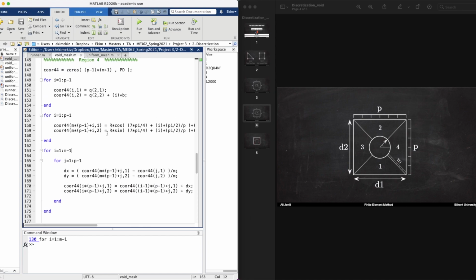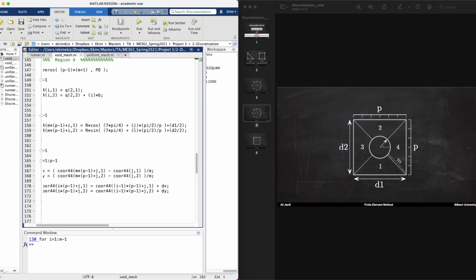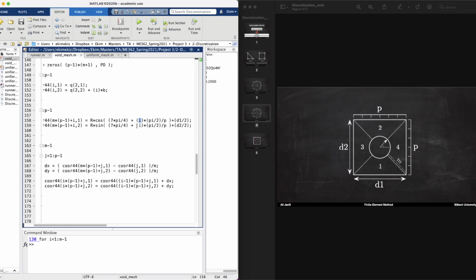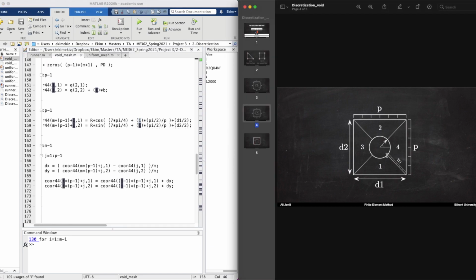And then we move on to the generation of the nodes along this line. So remember, we're going from bottom to top. So we're at here, which is now pi over 4 times 1, 2, 3, 4, 5, 6, 7. 7 times pi over 4. And we're moving along this direction, so we are adding our increments. So plus i times pi over 2 over p. And again, this is not i minus 1, this is i, because we are skipping the node on the diagonal.